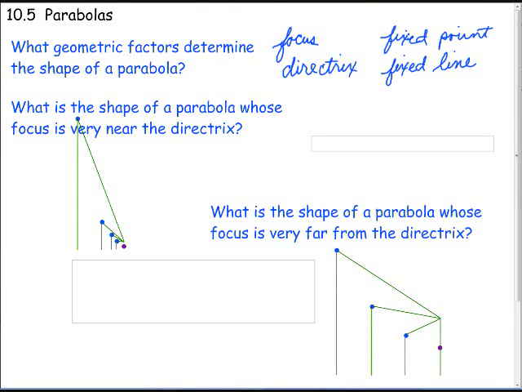Let me draw a directrix. What is the shape of a parabola whose focus is very near the directrix? So the focus is right here, and the directrix is right here.